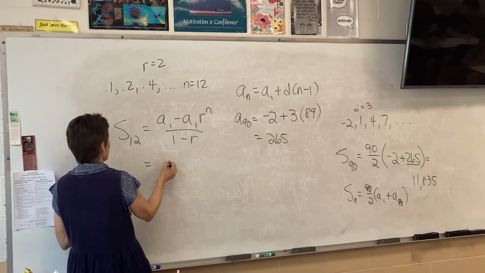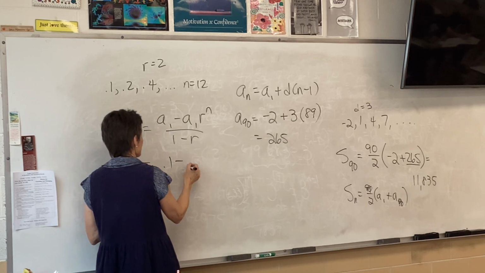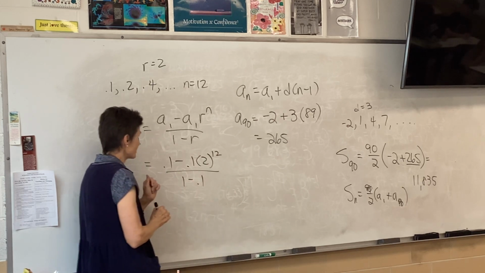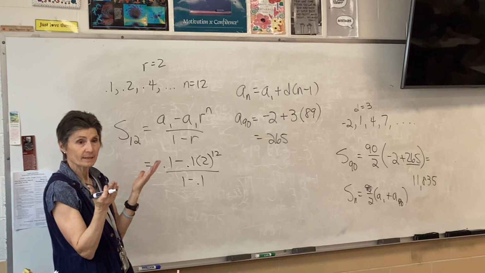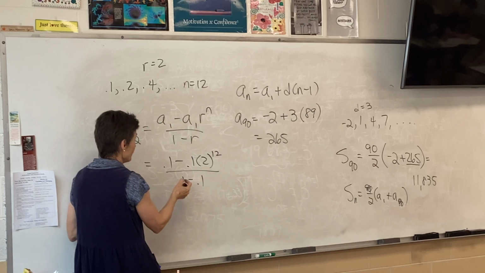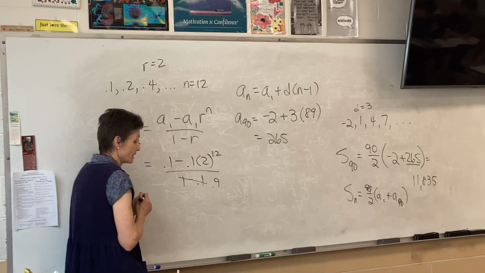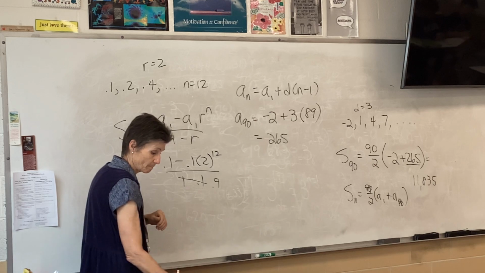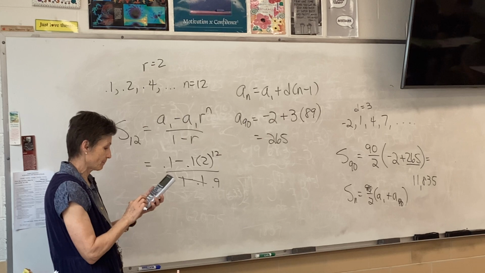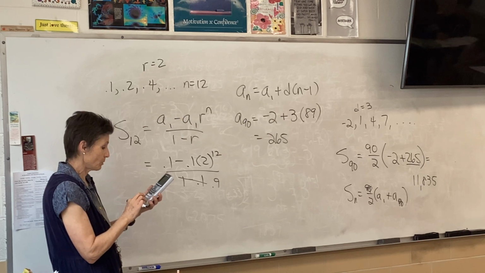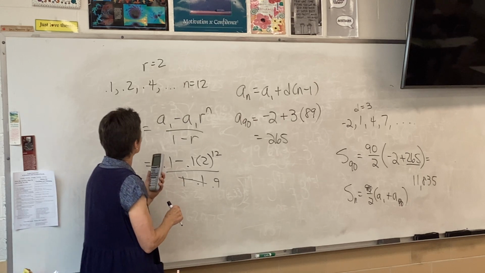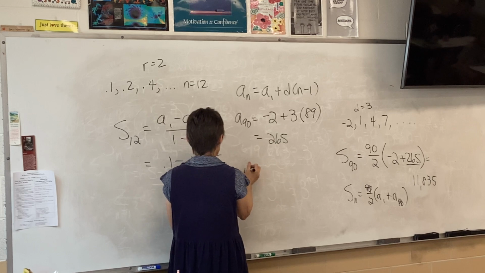That'll be my first term minus my first term times my ratio to the 12. Oh, this is okay. I got it. I got what I need, right? I have everything. So I would definitely make this a 0.9 before I started. Type in your numerator. It equals, and then divided by 0.9. Did you get negative 455?